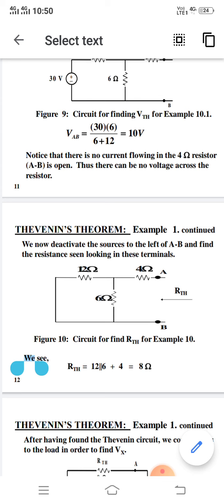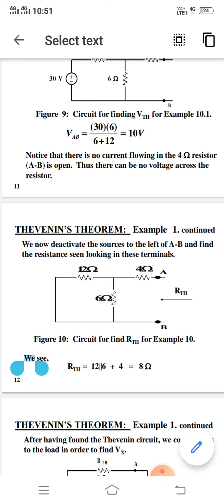How are they parallel? The 12 ohm resistance can receive input from one point, and the 6 ohm resistance can receive input from another point. So both inputs vary by the connection accordingly. So the 12 ohm and 6 ohm resistances are necessarily connected in parallel.